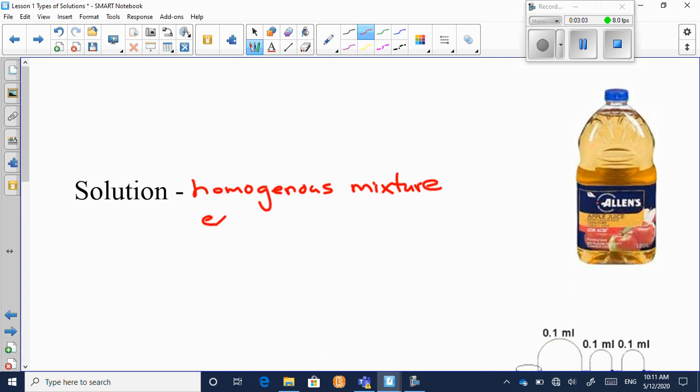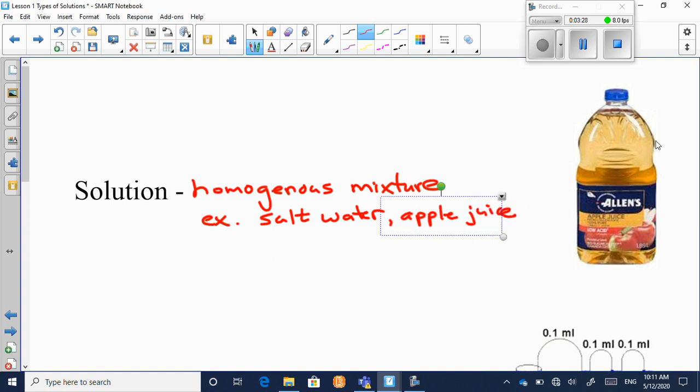The examples are, salt water is an example. If you dissolve a little bit of salt into the water, you can't see the sodium and chloride ions, but you know they're there because you dissolved it. But it just looks like a glass of water. The other example, obviously, is apple juice.